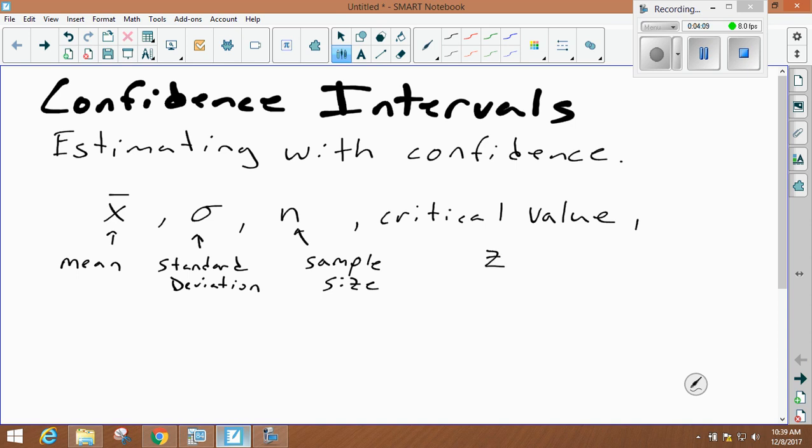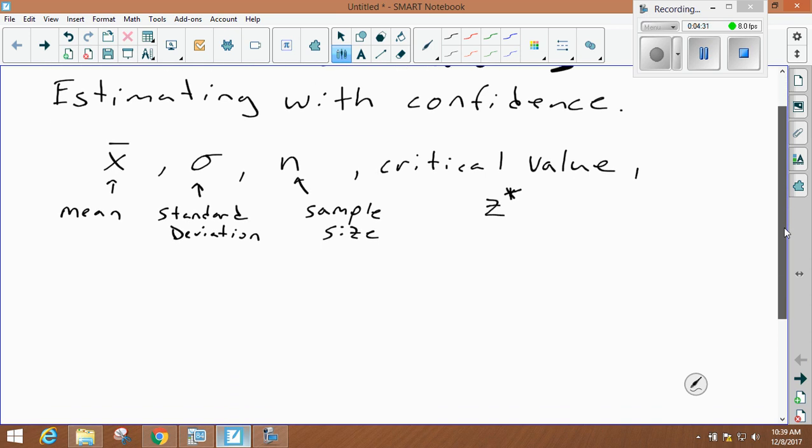In our case, it's called Z star. Z star is our critical value. A critical value you can get from a table, from a T distribution. It doesn't matter where it comes from. What matters is how we use it.